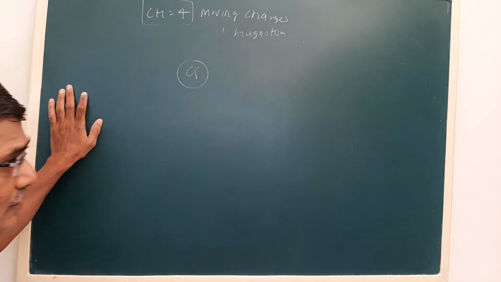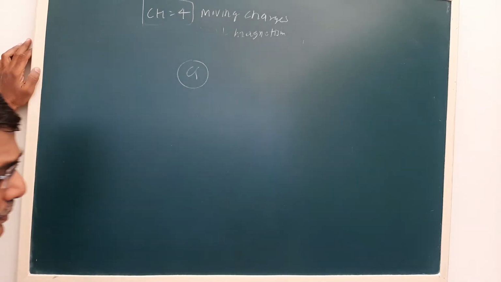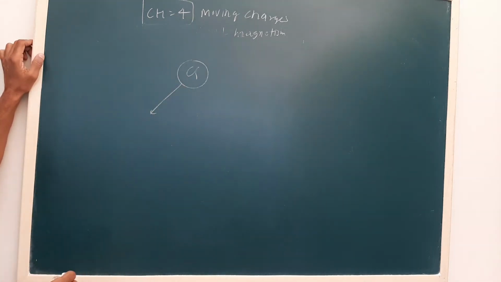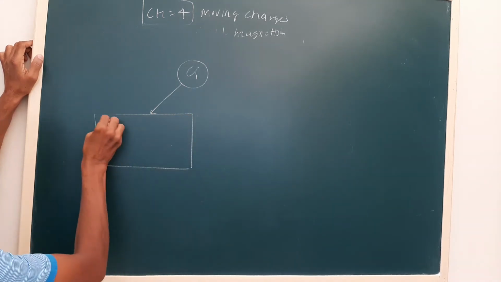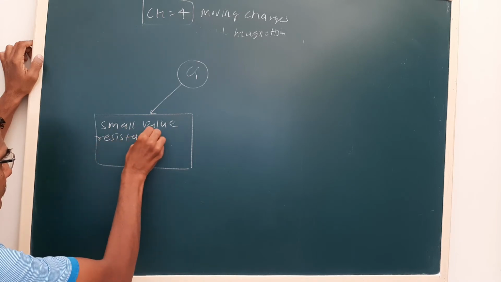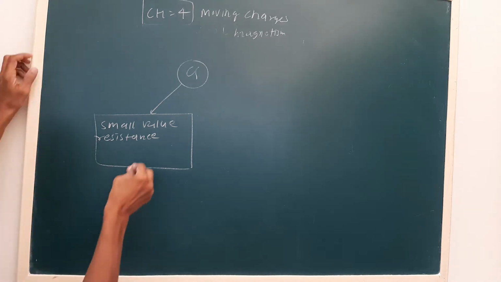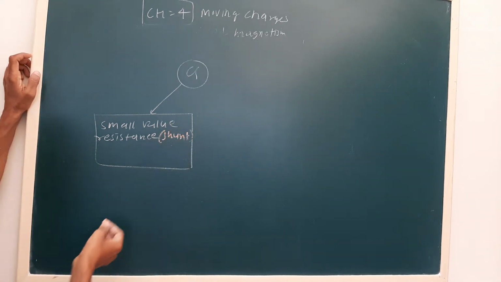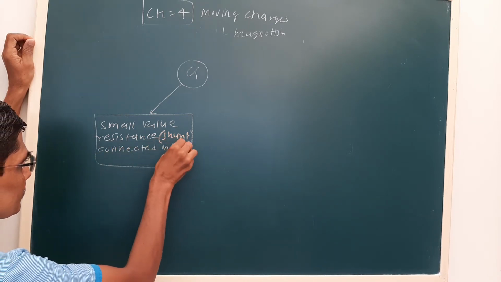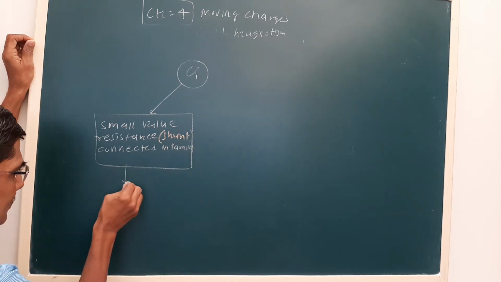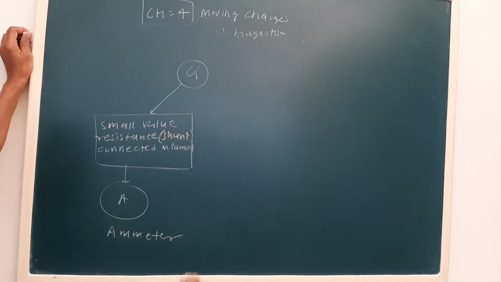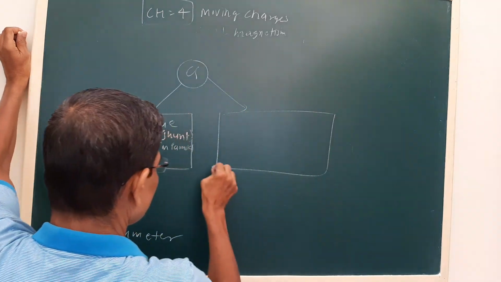This is our galvanometer, the symbol is G. The resistance of the galvanometer is also denoted by G. When a small value resistance called a shunt is connected in parallel, it becomes an ammeter, that is a current measuring device.